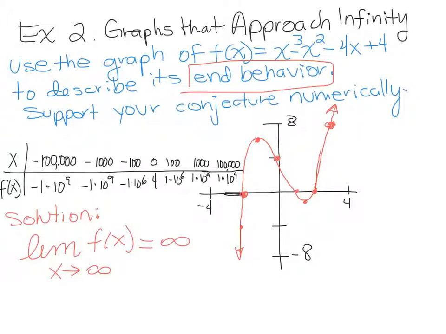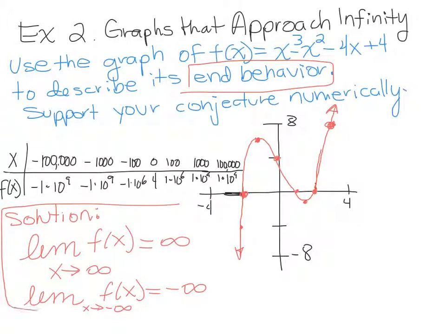So as you move to positive infinity, the graph keeps on going up to the right. The second one, the limit of f of x as x approaches negative infinity, which means moving to the left, well, the graph goes to negative infinity. And this is the conclusion right here.